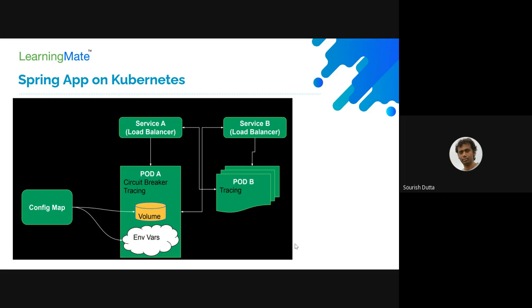Now, what are the challenges that we face on Kubernetes? Here you have Kubernetes-specific services or features that enable cloud native behavior without depending on Spring or any other framework, right?